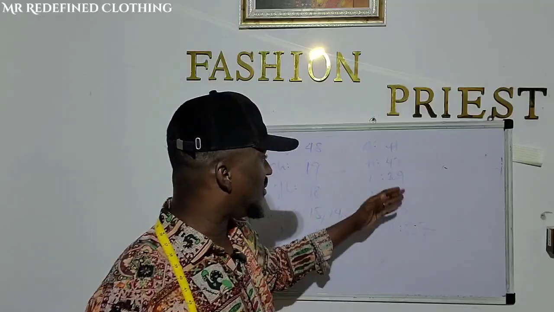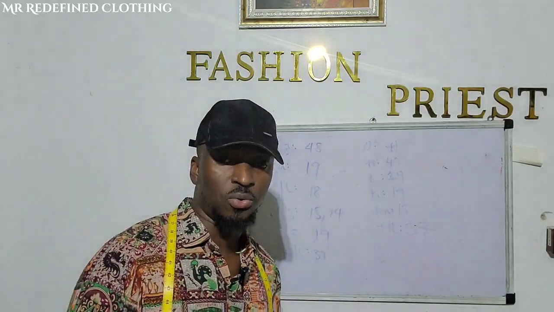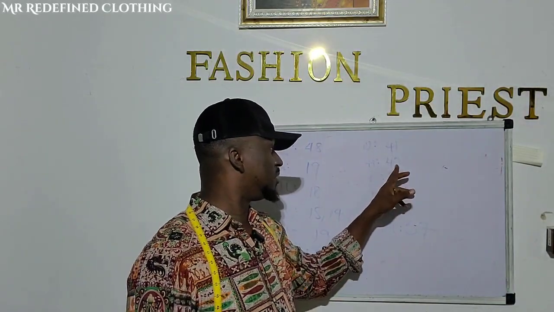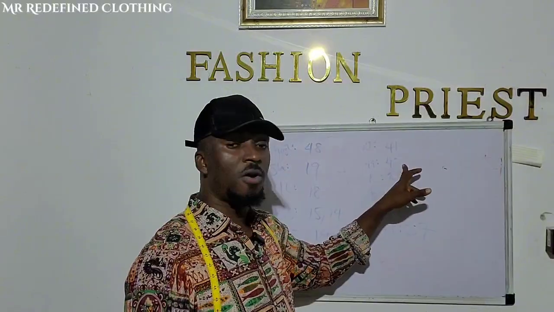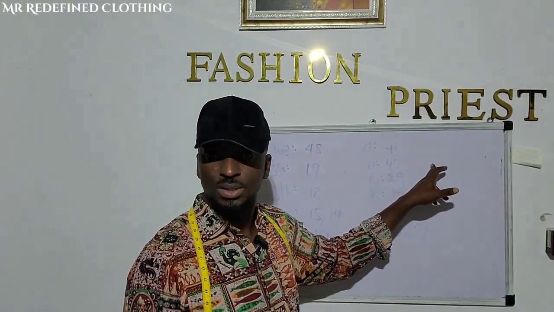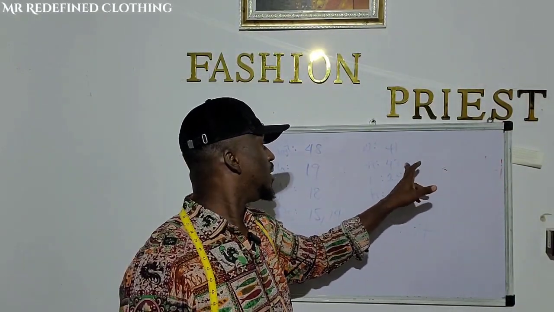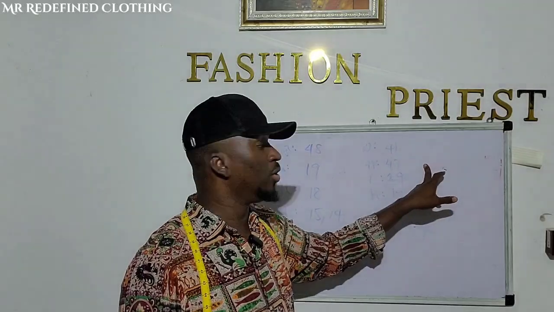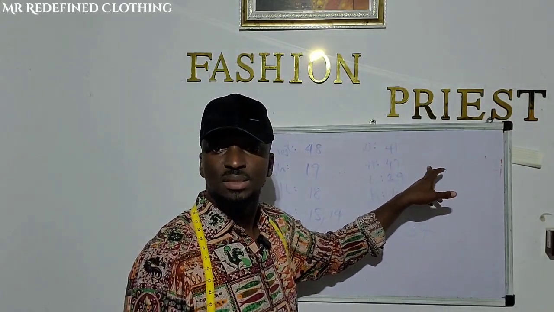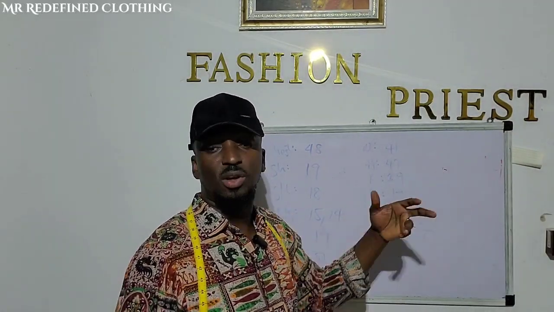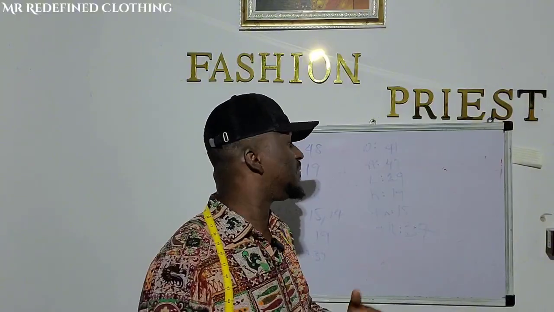So this measurement I have is for a client, so let's confirm if it's true. Now, the hip is 47. If you divide this by 4, you have 11-3/4, right? Then plus extra 2, you are going to have 13-3/4. That's, let's just say 14.